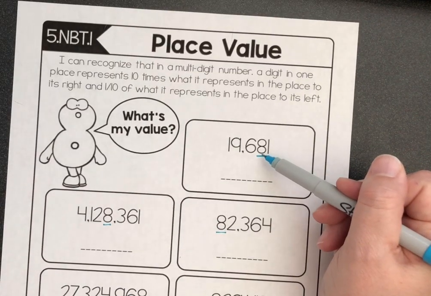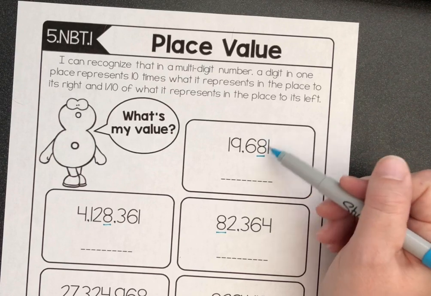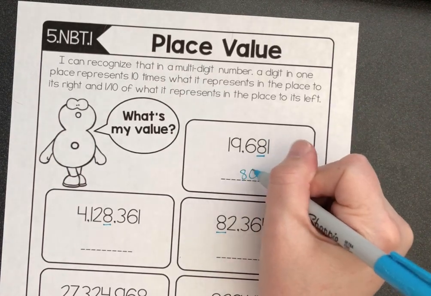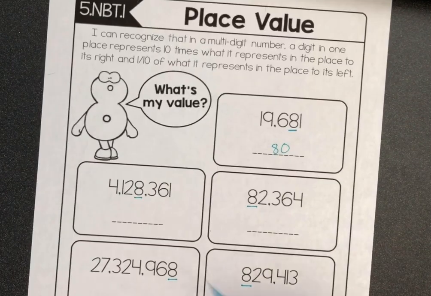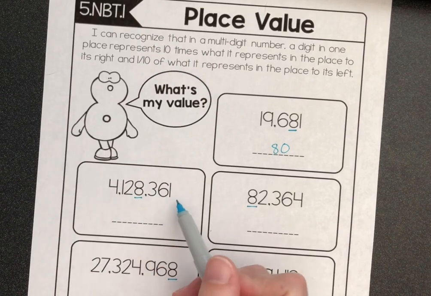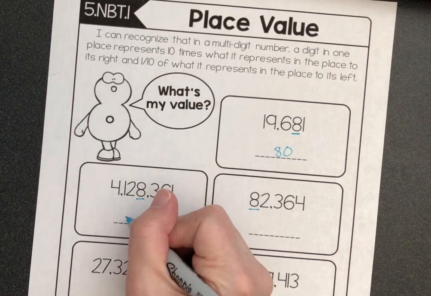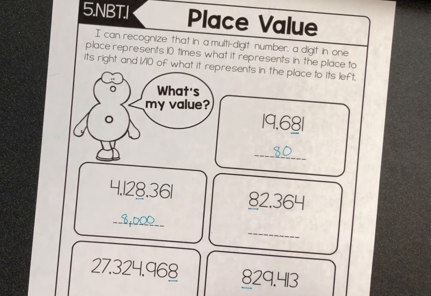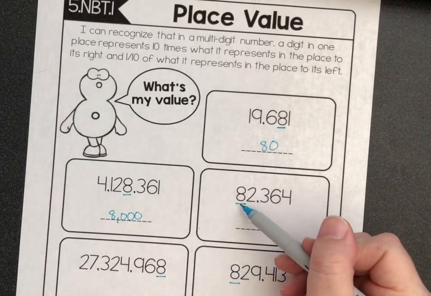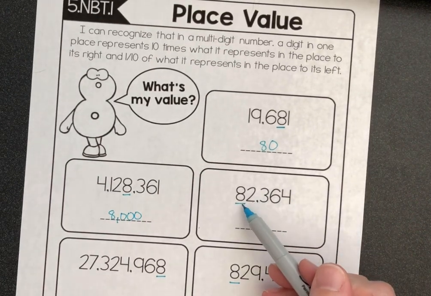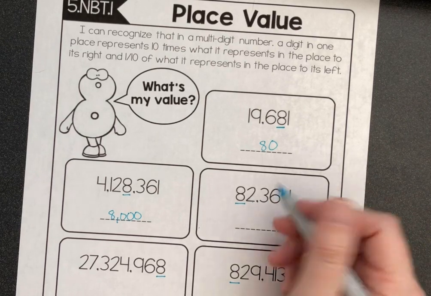This 8 here is in our tens place, so it has a value of 80. This 8 is in the thousands place, and I can easily see that because I see my comma separating the period. So this is my thousands place. It is 8,000. This 8 would be in my ten thousands place. It's 80,000.